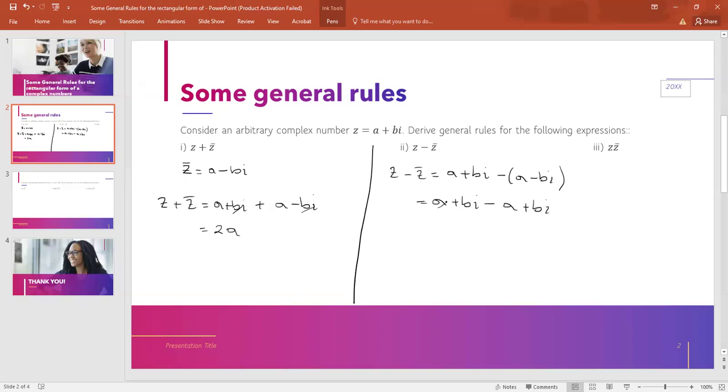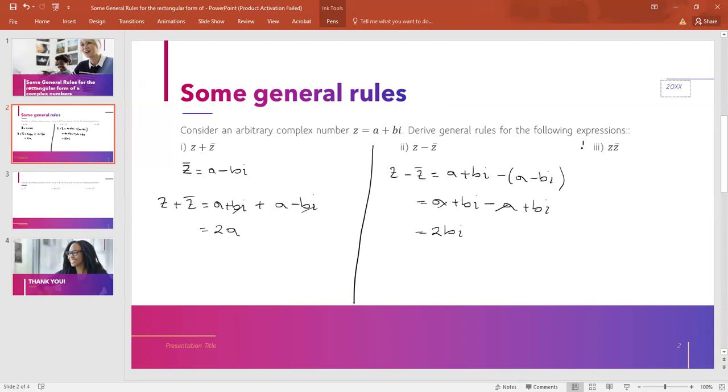Therefore, a cancels with a. We're going to have 2bi. So the general rule for the expression z minus z bar, given the complex number z equals a plus bi, is that z minus z bar is equal to 2bi. So we see that this expression has only the imaginary part.